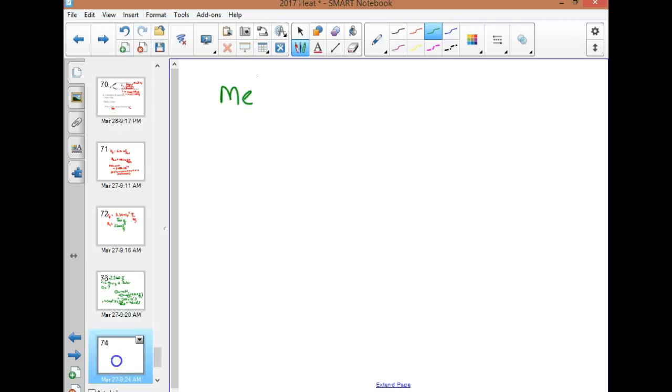When I set up my question, I like to pull out the keyword that is identified in the statement, so that I have a reminder that I am dealing with heat of fusion, and because it's melting, I have to put heat energy into that ice cube in order to melt.